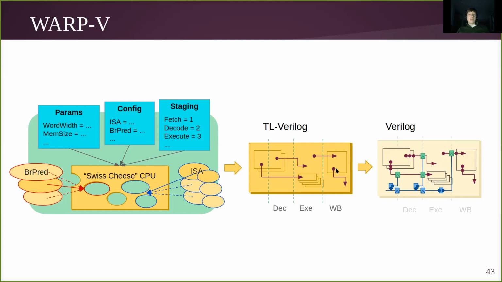Everywhere in the prior examples, you saw macros with the name M4, either M4 underscore or M4 plus. That's because it was going through the macro preprocessing step. And then the transaction level Verilog, of course, is turned into Verilog with all of its flip-flops and hierarchy and so on.